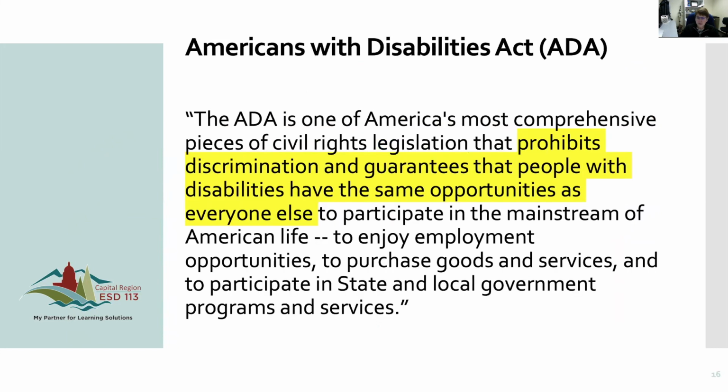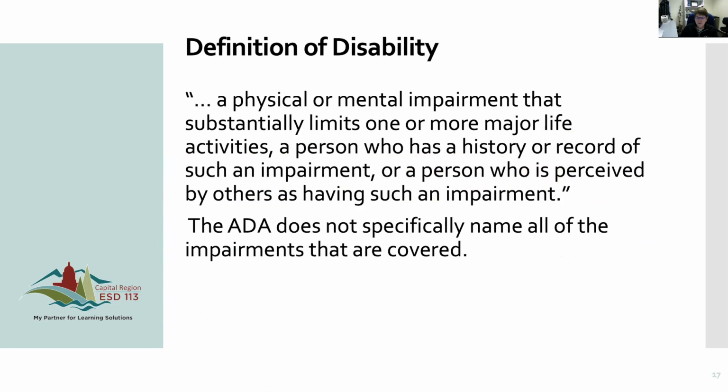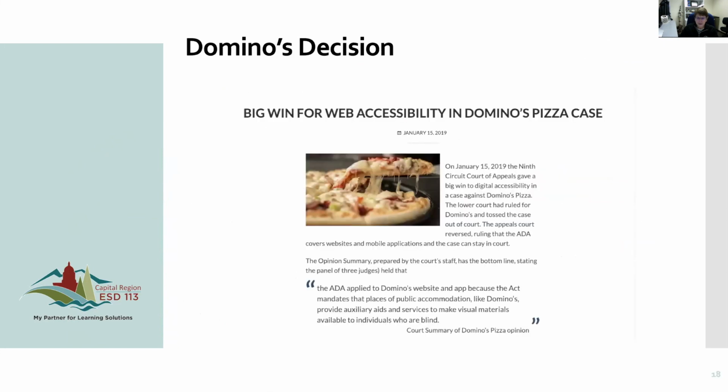The ADA, which is the act that everybody has referred to for many years here, prohibits discrimination and guarantees that people with disabilities have the same opportunities as everyone else. Now, this has been challenged at different times because it doesn't mention digital access.